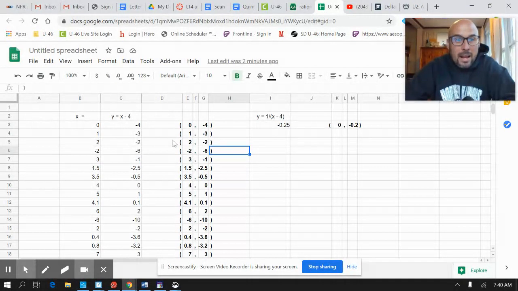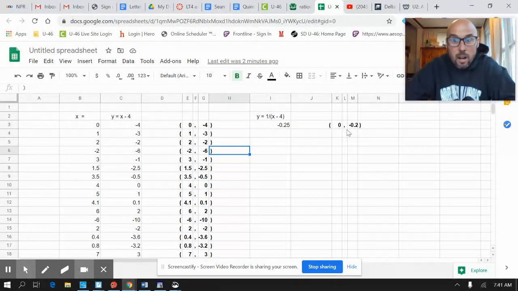Well, when x is 0, that is 1 divided by 0 minus 4. But a good way to think about it is it's just 1 divided by the line, because it's 1 divided by x minus 4, and this column is all the x minus 4s. So 1 divided by negative 4 is negative 0.25.